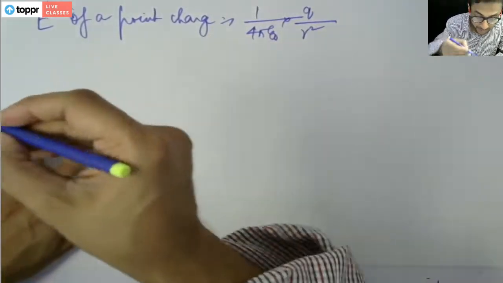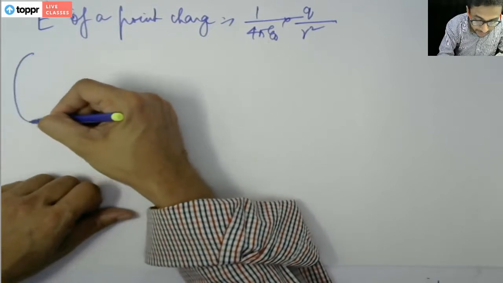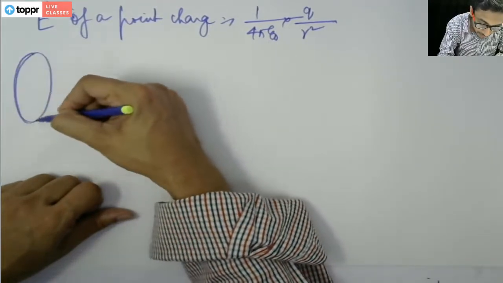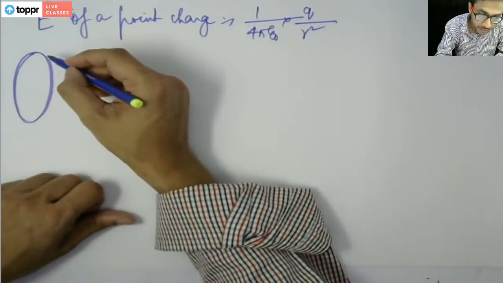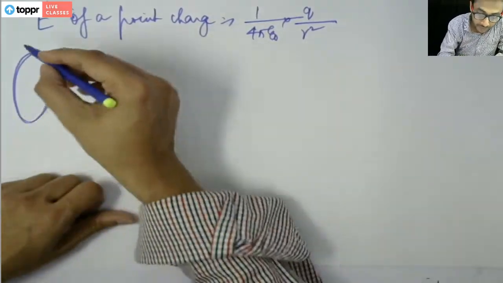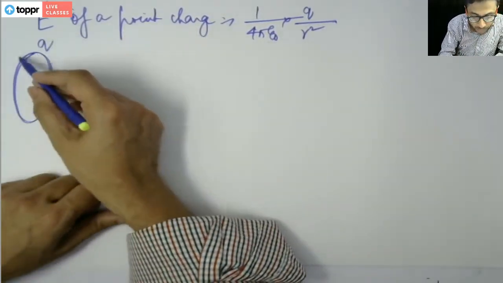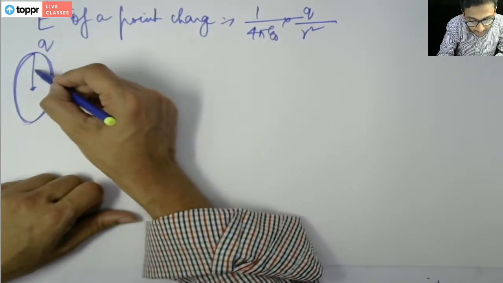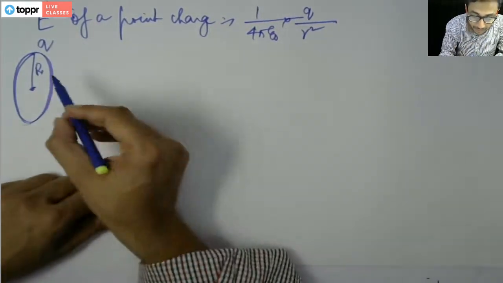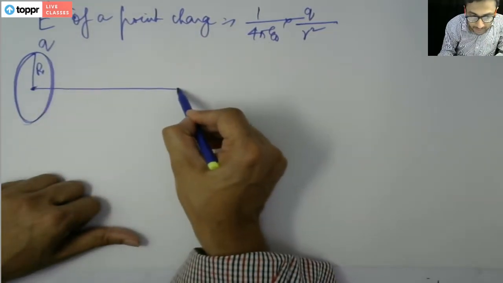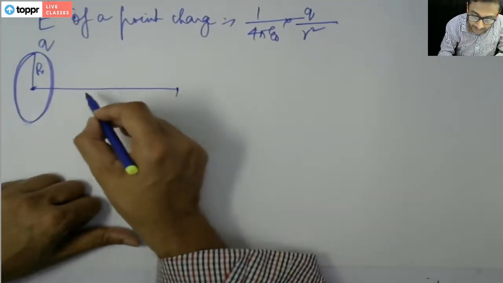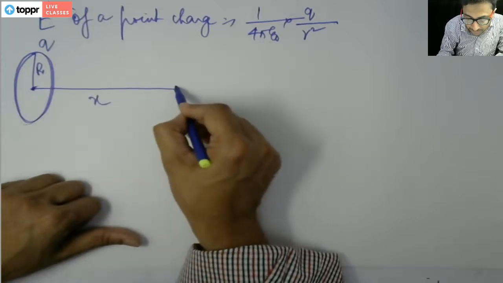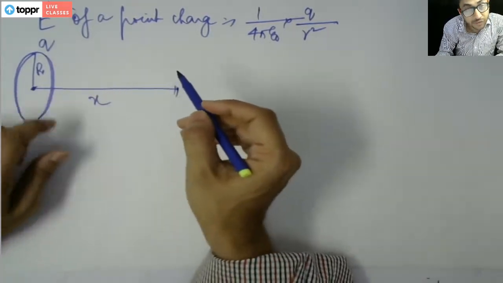Now we can find electrostatic field for a ring of charge. Suppose this is a ring of charge Q, and the ring is of radius r, and we want to find the electrostatic field at a distance of x from the center of the ring.